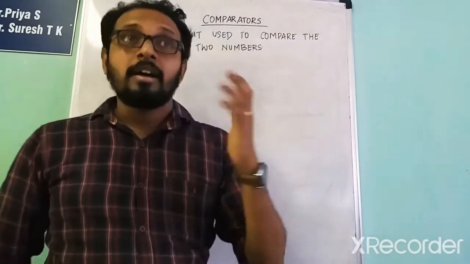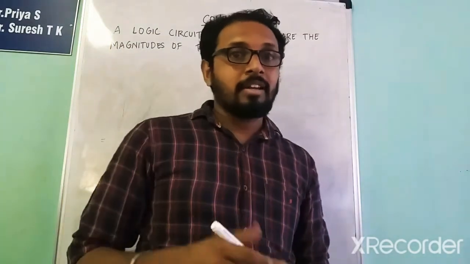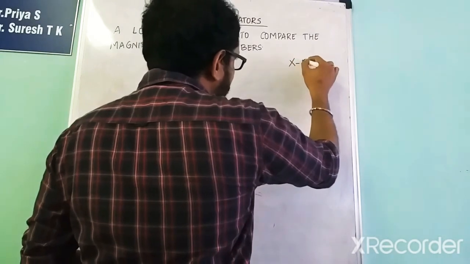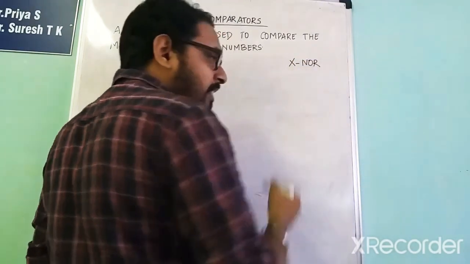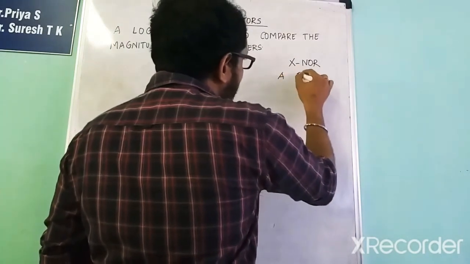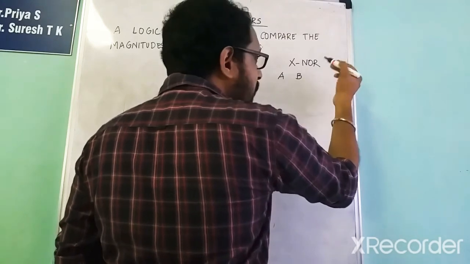When we hear the word comparator, the first thing that should come to mind is that we are familiar with the XNOR gate. What is the specialty of the XNOR gate? Inputs A, B, and the output.